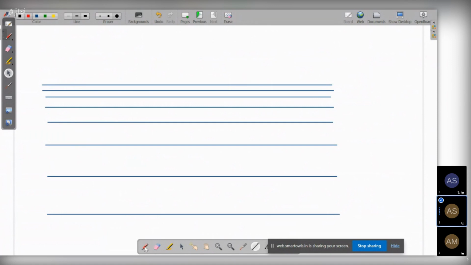This is your n equal to 1, the first energy level.